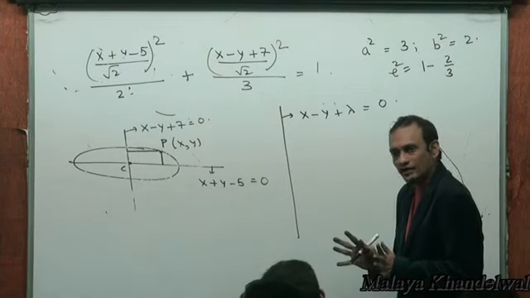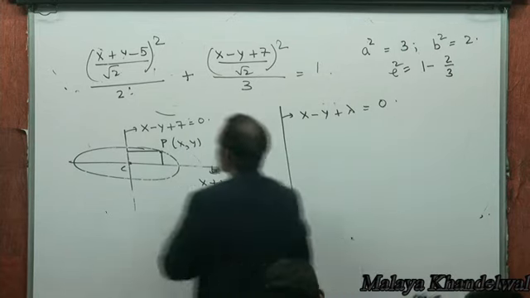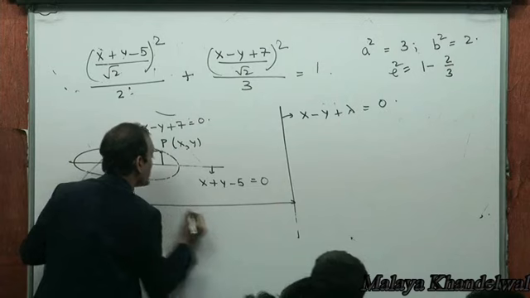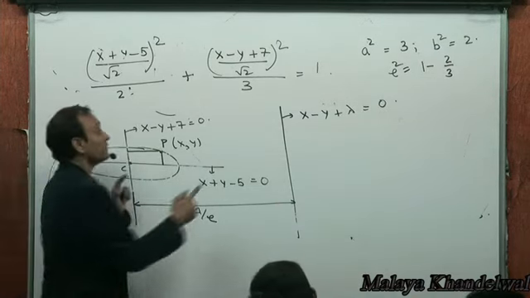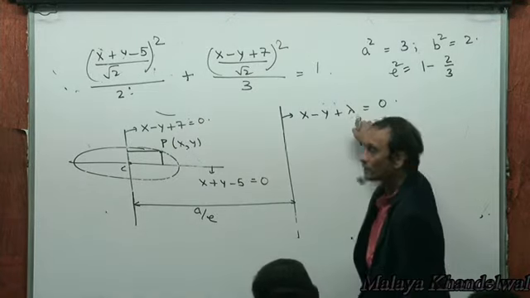The directrix is always parallel to the minor axis, isn't it? And the distance between the minor axis and the directrix will always be a by e, isn't it? That means λ will be such that the distance between these two lines must be a by e, right?